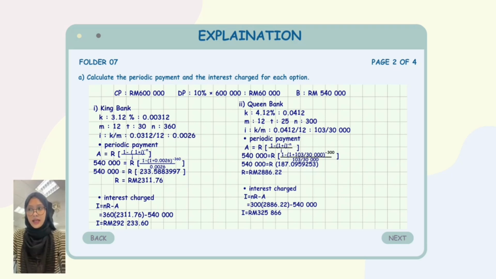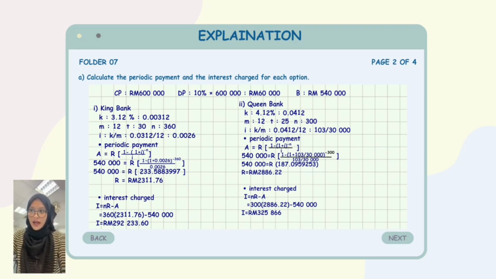Now for part A, let's calculate the periodic payment and the interest charge for each option. For the CP, 900,000, DP is 10% times 600,000 equals 60,000. The balance is 540,000. For King Bank, K is 3.12%, M is 12, the time is 30, and N is 360.